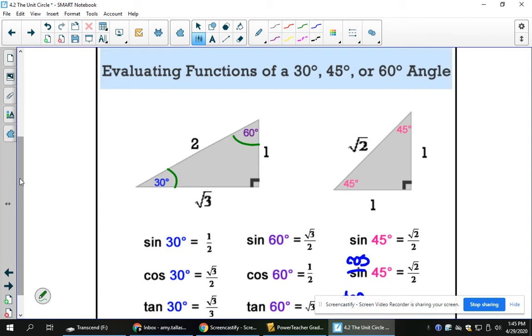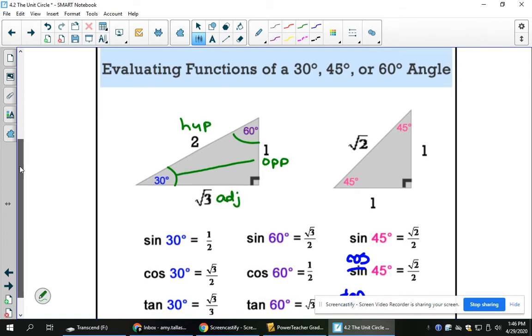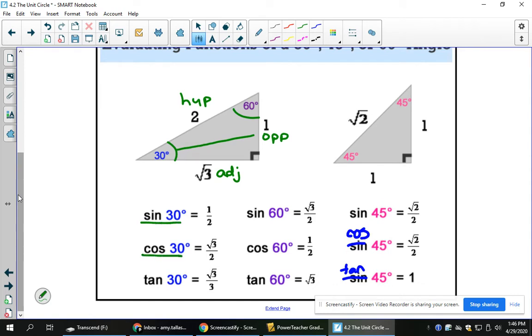Now, how they discovered the side lengths in this triangle can be explained. I recommend YouTubing it or reaching out to me for a deeper explanation. But the side lengths here are determined from an isosceles triangle. So if I were to take 30 degrees and do an opposite, hypotenuse, and adjacent, I would get these three trig ratios.